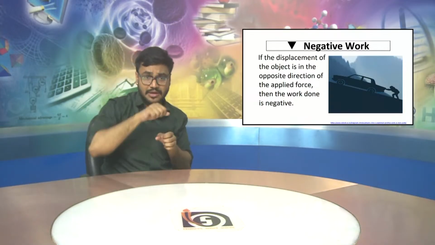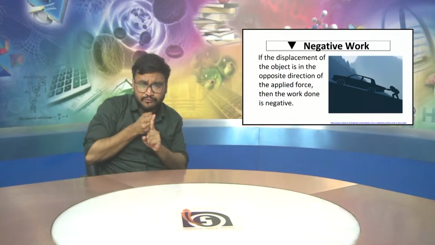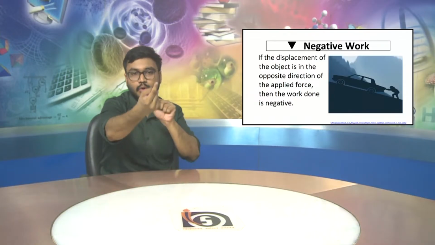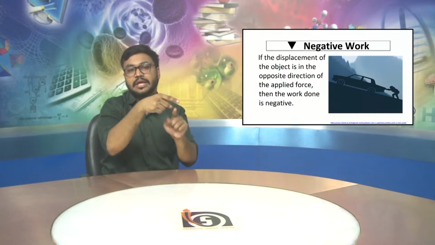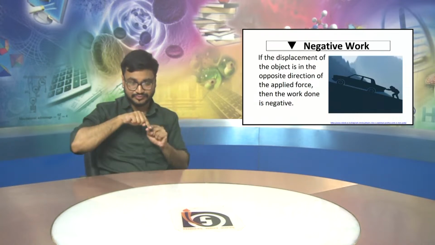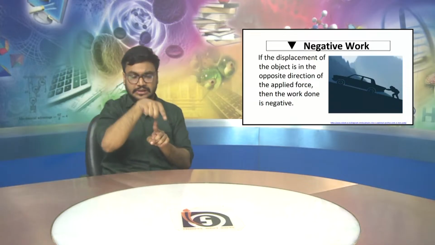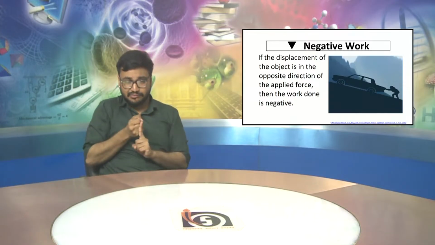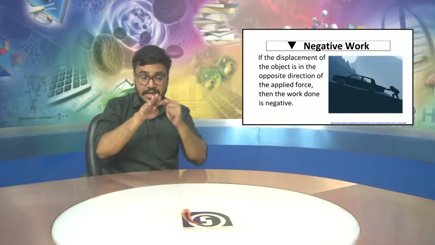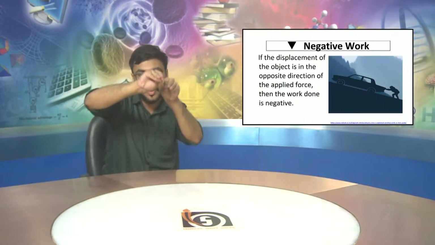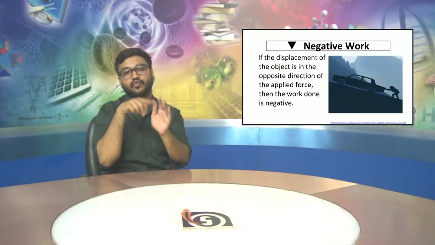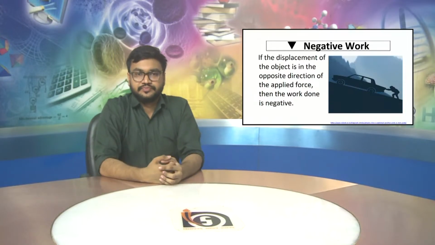Next is negative work. If the displacement of the object is in the opposite direction of the applied force, then the work done is negative. For example, pushing a car on a sloping road, so the force is forward but the movement is backward, which is the opposite direction of the force.